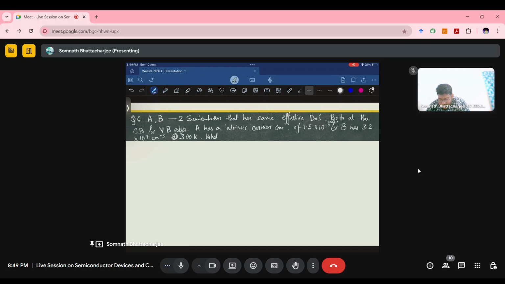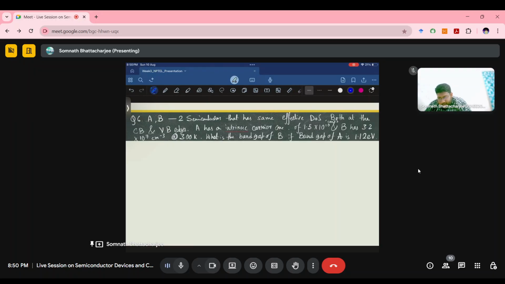So what is the band gap of B if the band gap of A is 1.12 eV?